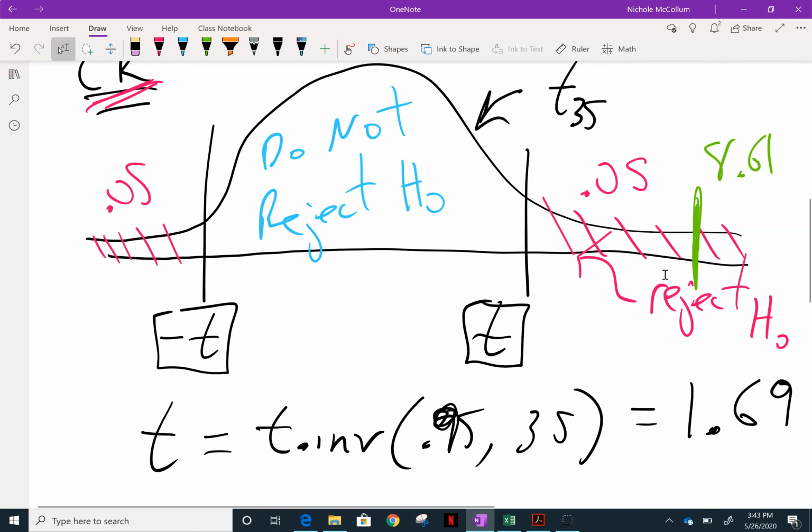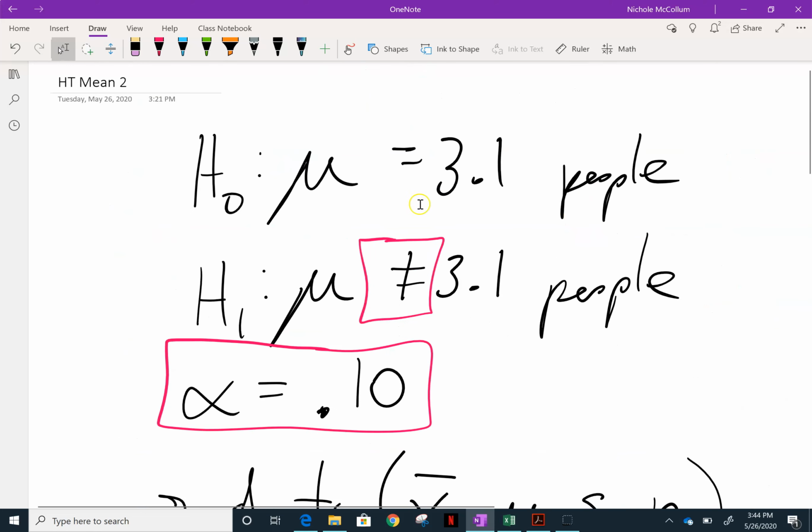What are you rejecting though? Let's go back to the beginning. I assumed 3.1 people is the national average. All right. Is my perception different than the national average? Heck yes.